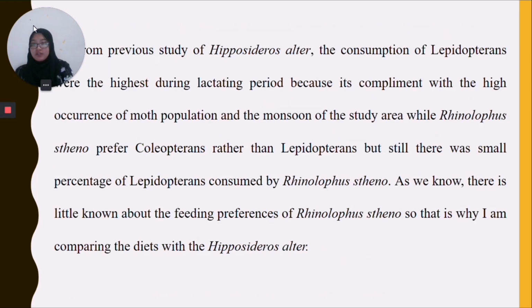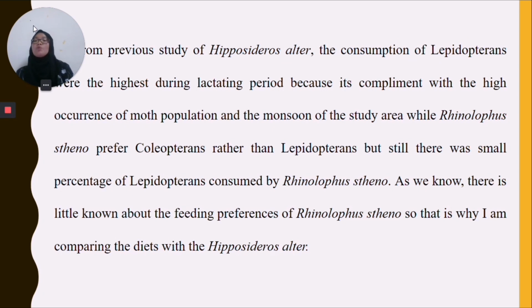Okay, for your information, little is known about the feeding preferences of Rhinolophus stheno. So I am comparing with the diet of Hipposideros alter from a previous study, because they have stated that the consumption of Lepidoptera was the highest during the lactating period because it complemented the high occurrence of moth populations in the monsoon of the study area, while Rhinolophus stheno prefer Coleopterans rather than Lepidopterans.